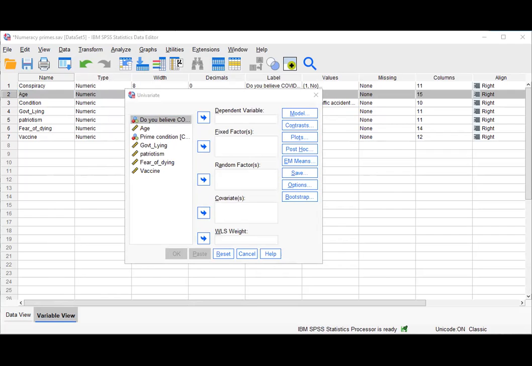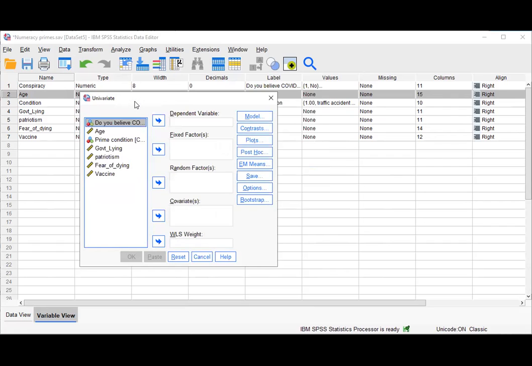It's very awkward how it doesn't show you the actual window, but hopefully you can see where it says Univariate. We place age in the dependent variable.